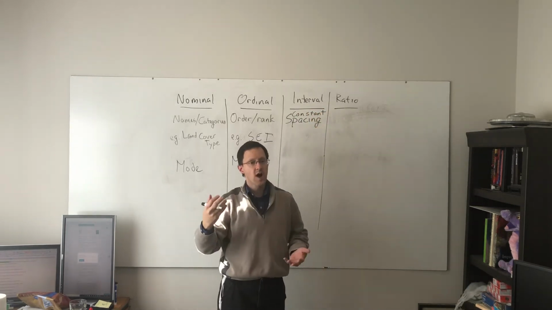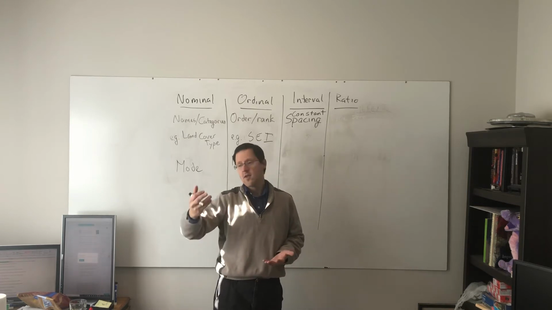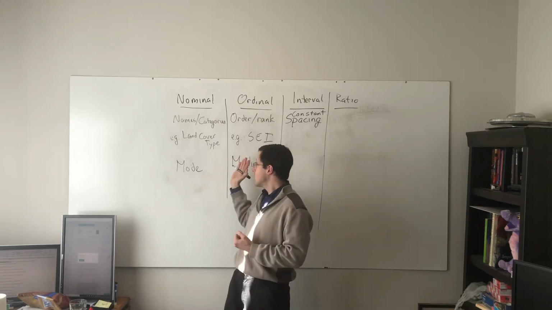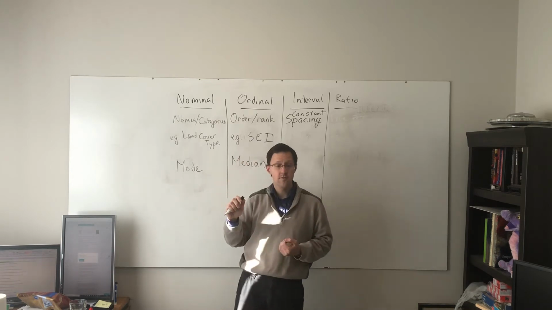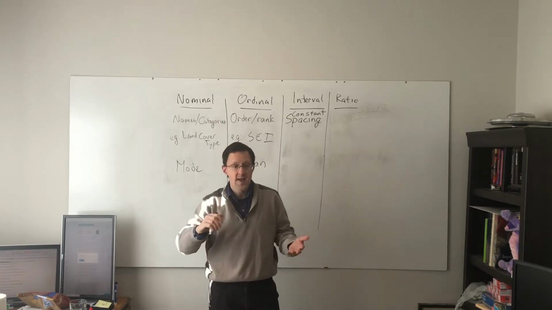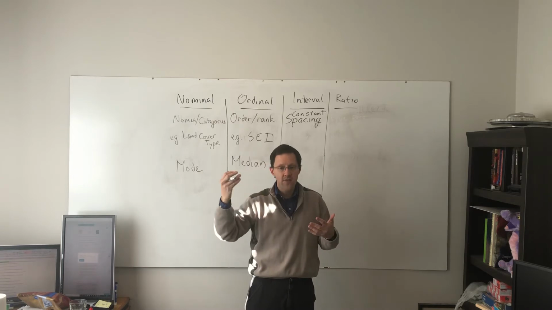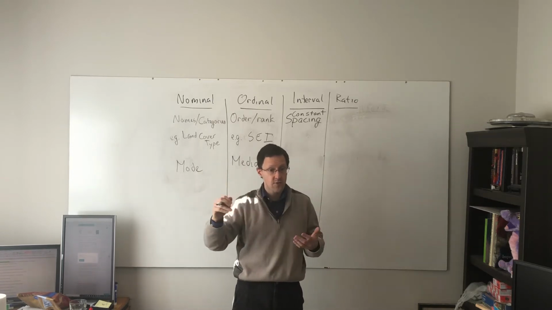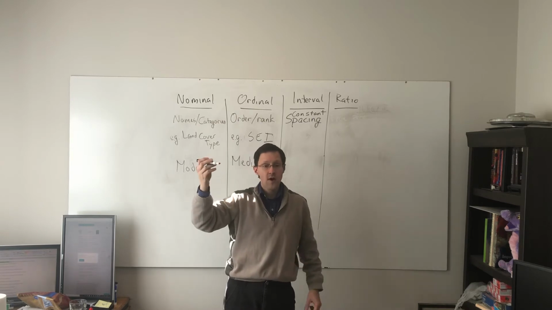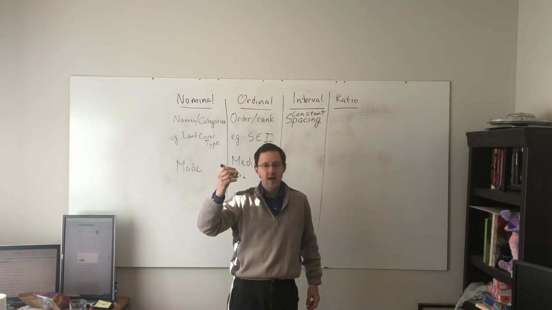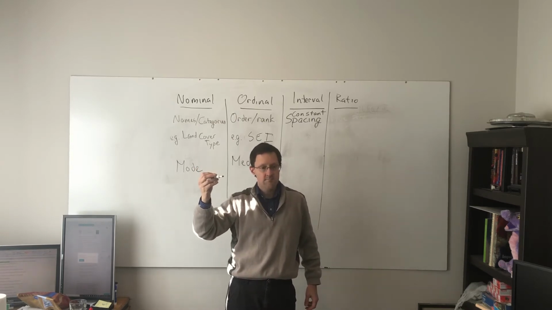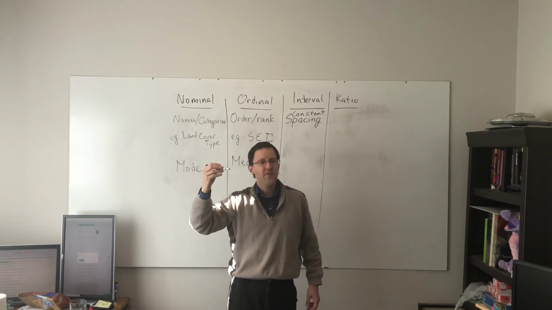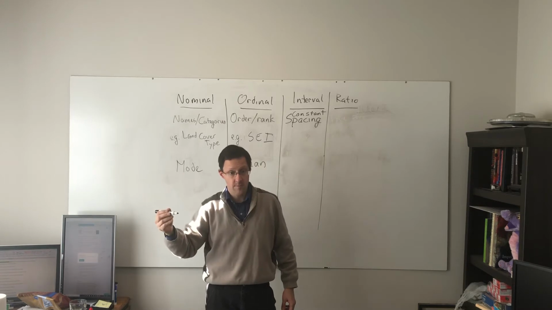I put it here as constant spacing. Whereas for the SEI scale, as it's ordinal, yes, we turn excellent into a 5 and good into a 4 and fair into a 3. However, we cannot say the difference between excellent and good is the same as the difference between good and fair.